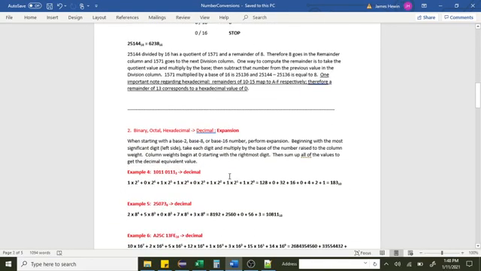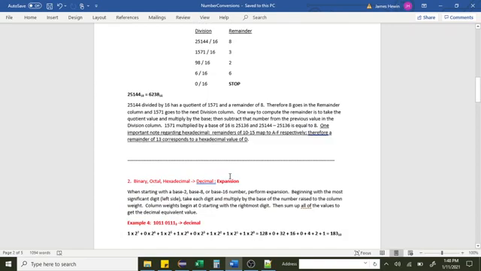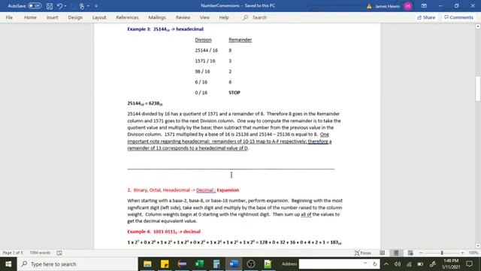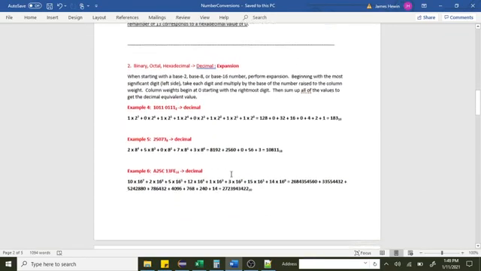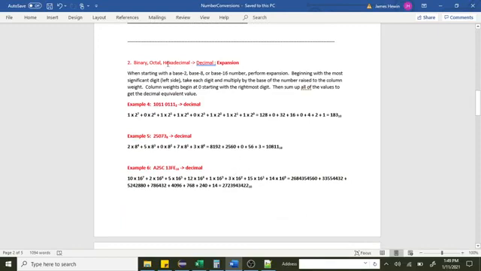Well, the other way is actually, I guess you could argue it's even more simple than that, because when you're going from binary, octal, and hexadecimal to decimal, you just do what's called expansion. And it's very straightforward. So when you're starting with base 2, 8, or 16, you want to do expansion.